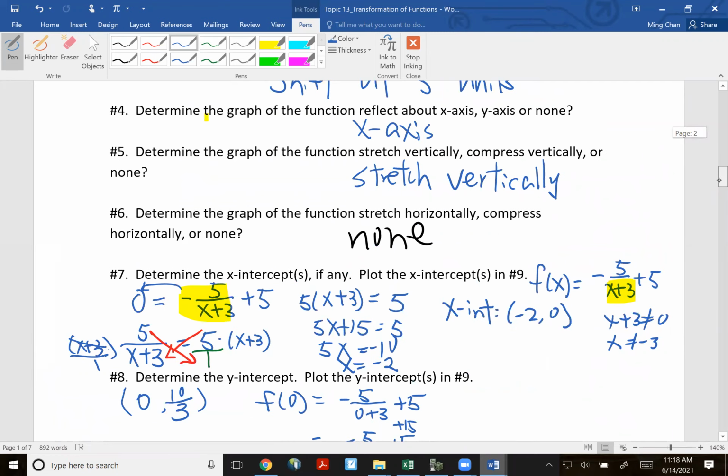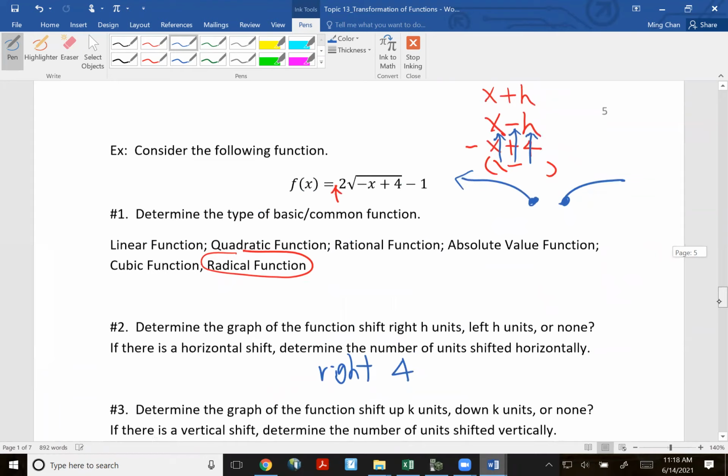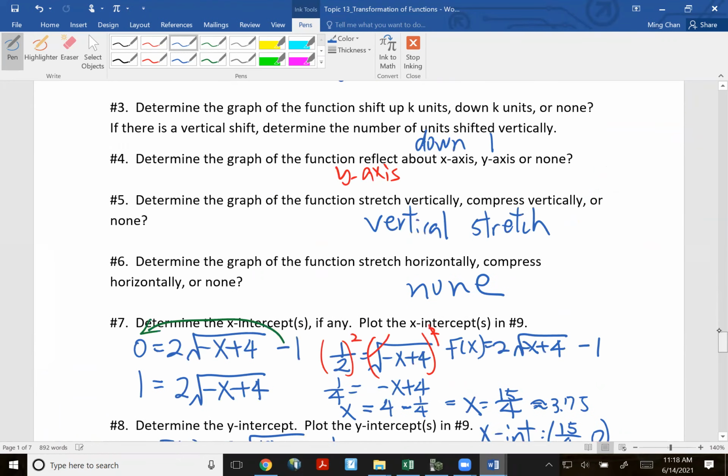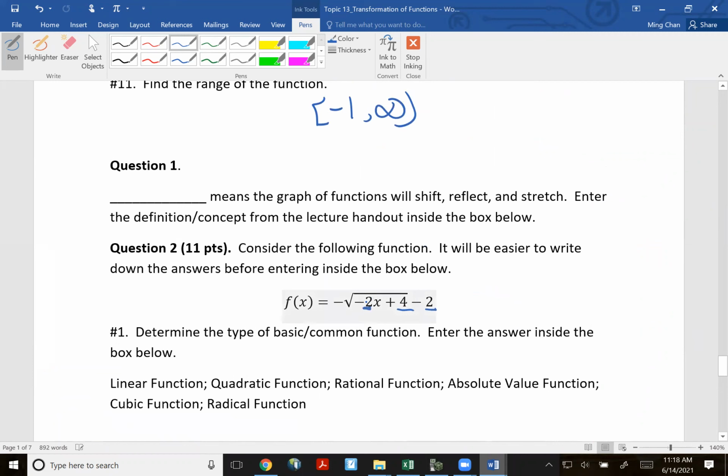So on the homework, I think it was negative 2x. So that negative 2 right there, the negative is telling you the reflection, right? The negative part is reflection.